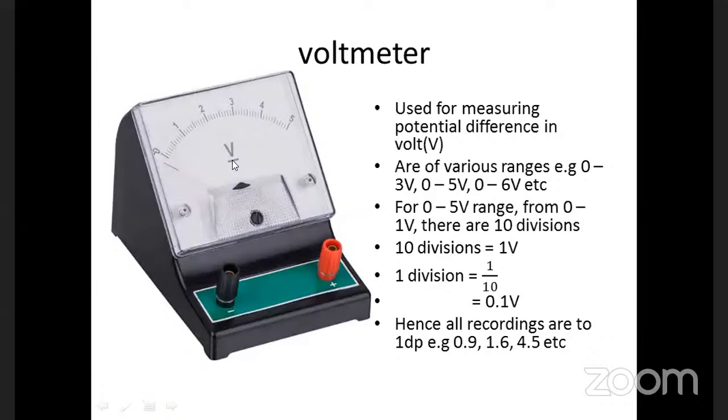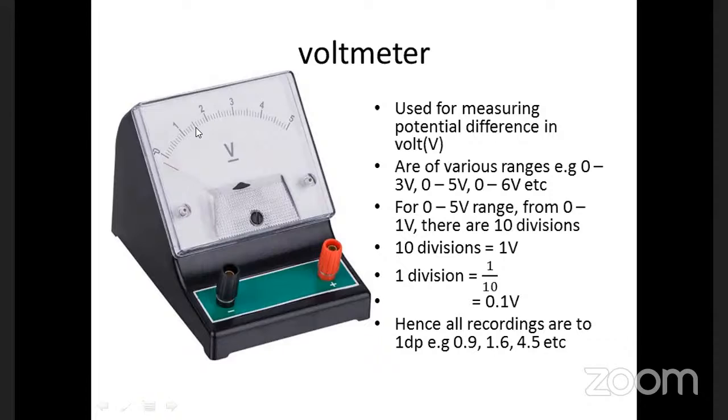You can have 9 divisions, and the unity division is equal to 0.1 volts. To get the reading of this PD, it will be 9 times 0.1, you get 0.9.